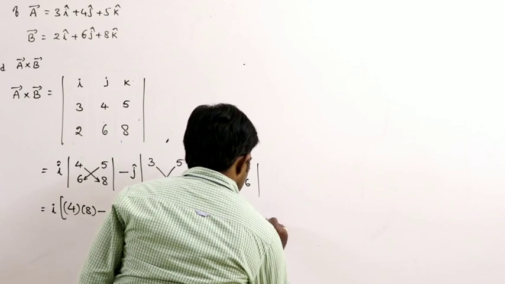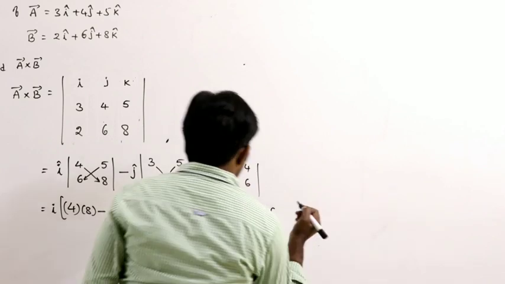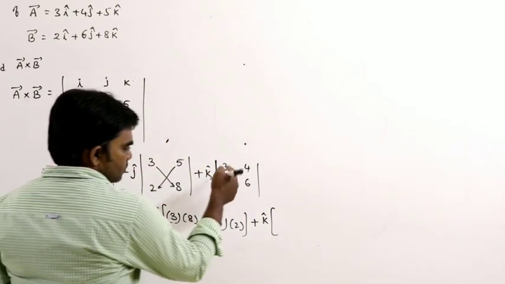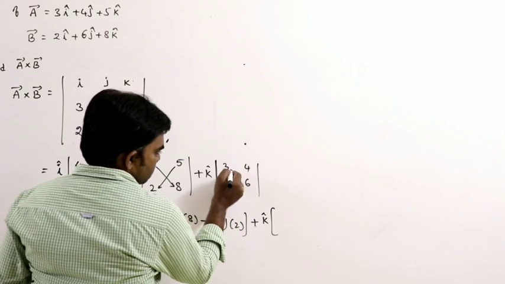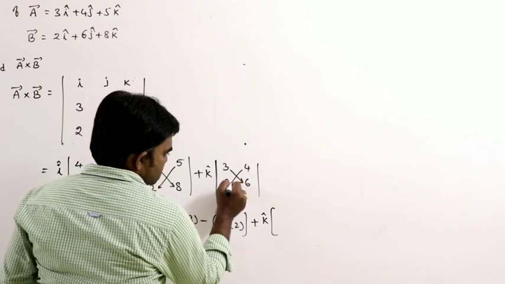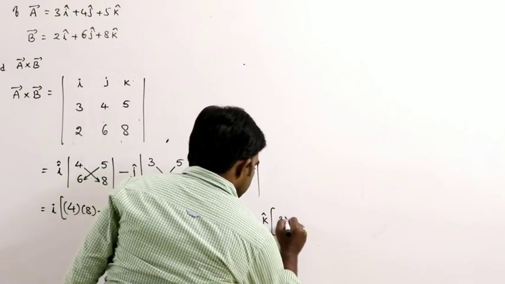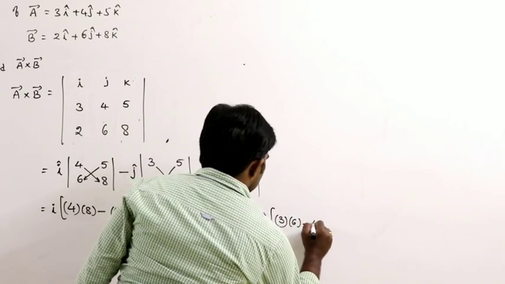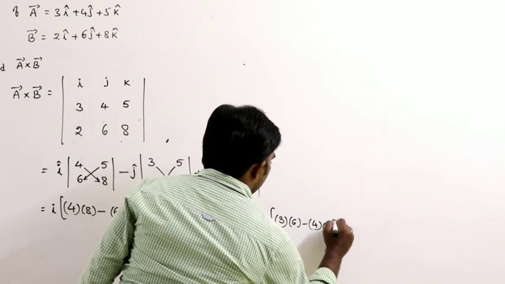Next, plus k into, A, B, C, D, AD minus BC. So that is 3 into 6 minus 4 into 2.